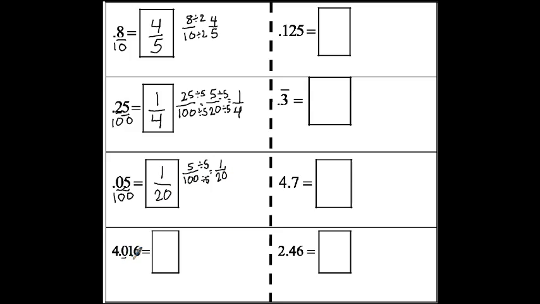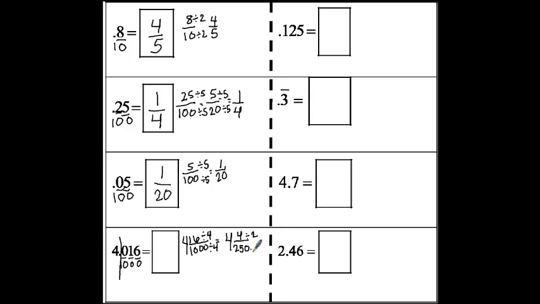For this next one, we have 3 decimal places, so it goes all the way out to the thousandths place. But we've got this 4 on the other side of the decimal. That's going to stay to the left, and that's going to be our whole number. So we have 4 as our whole number, 16 as our numerator, and 1,000 as our denominator. I noticed that I could divide the top and bottom by 4. I could have divided by 2, but I saw a bigger number. 16 divided by 4 is 4, and 1,000 divided by 4 is 250.